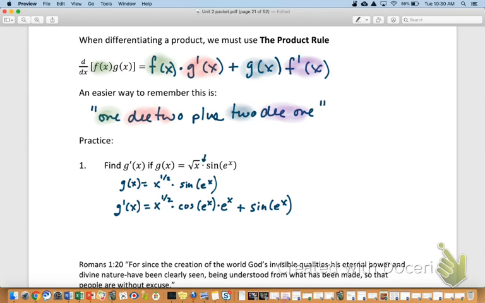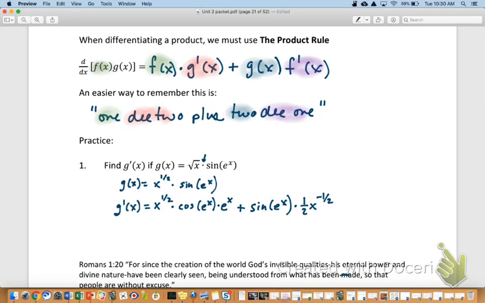Kaylin, what would be d1 for this? d1 would be 1/2 x to the negative 1/2. Perfect. Okay, so there's all kinds of ways that this could be simplified and rewritten. I don't feel compelled to do any of them because I wasn't told that I had to get into a certain form, right? So I'm just going to leave it as is, okay? But that would be my product rule.